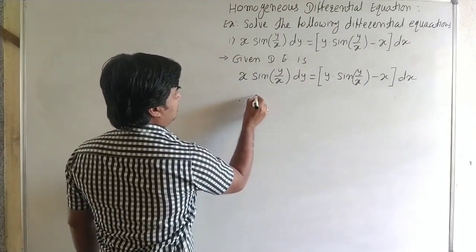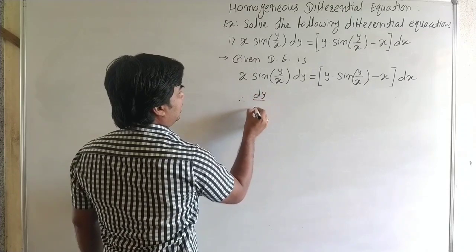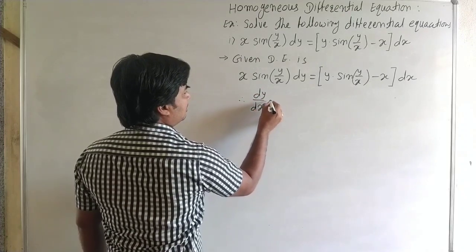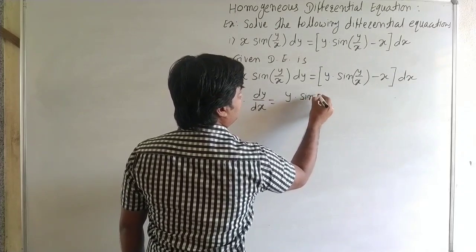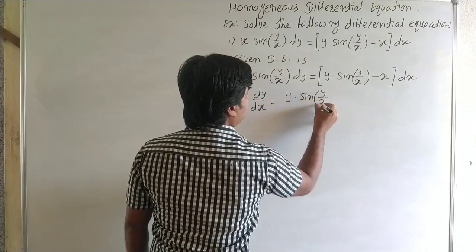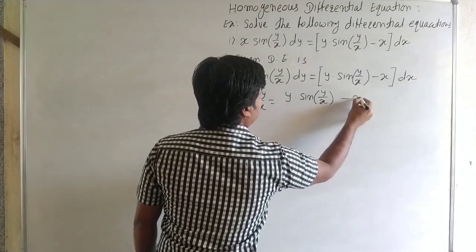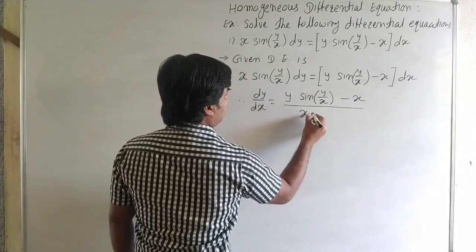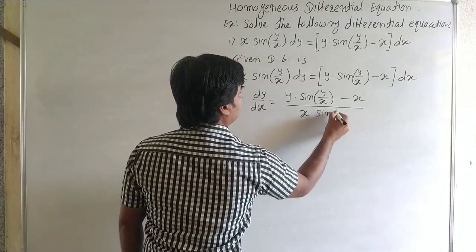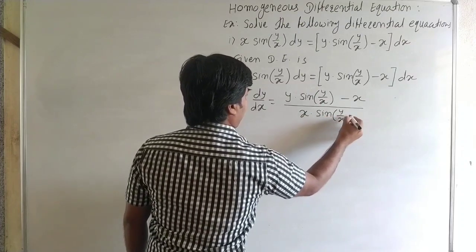Therefore this equation becomes dy by dx is equal to y sine of y by x minus x upon x sine of y by x.